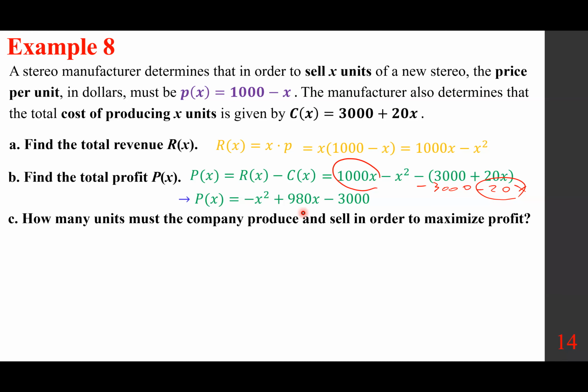How many units must the company produce and sell in order to maximize profit? To maximize profit, we're going to go with calculus and take the derivative. P prime is negative 2x plus 980, set it equal to 0, and solve for x, the critical point x equals 490.